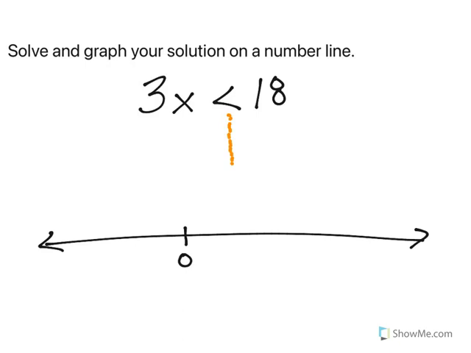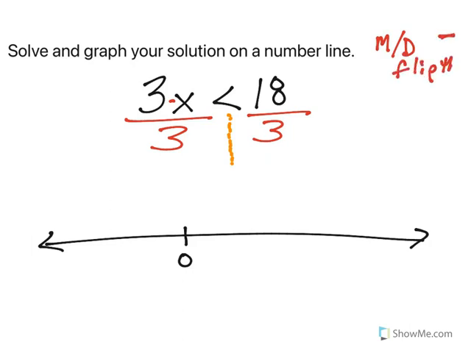So here we have 3x is less than 18. We're going to solve this and then graph it on the number line. So how do we solve 3x less than 18? Well, 3 times x, we're going to do the opposite of multiplication, so we're going to divide both sides by 3. Hopefully this sparks your memory that when you're solving inequalities, if you multiply or divide by a negative, you flip the sign, right?